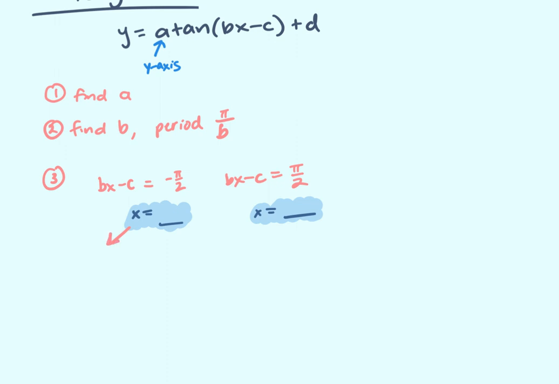From the one on the left, you're going to subtract the period. To the one on the right, you're going to add the period. And then those will be your first and last asymptotes.